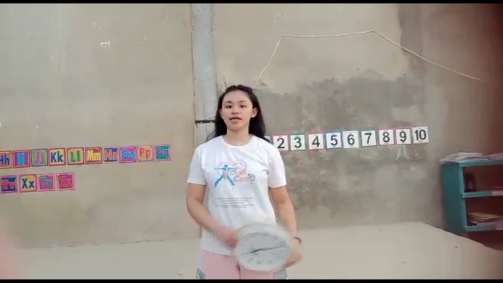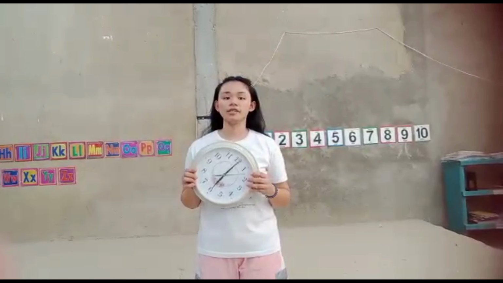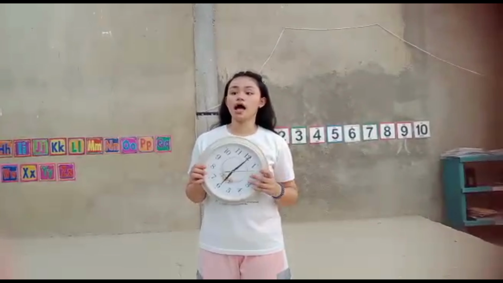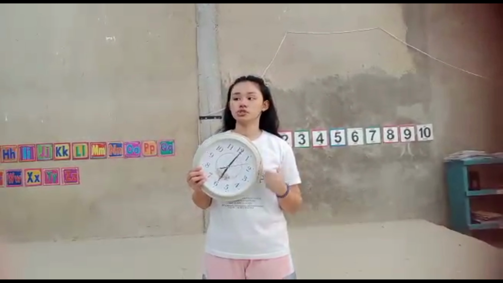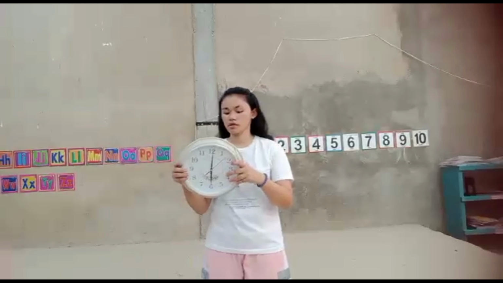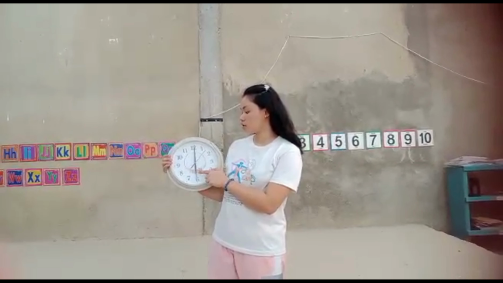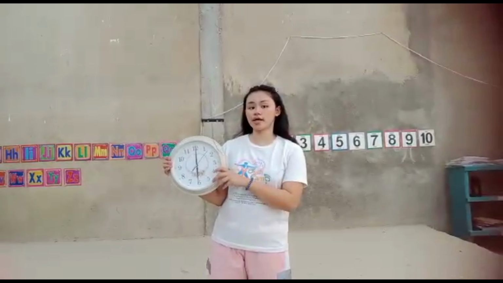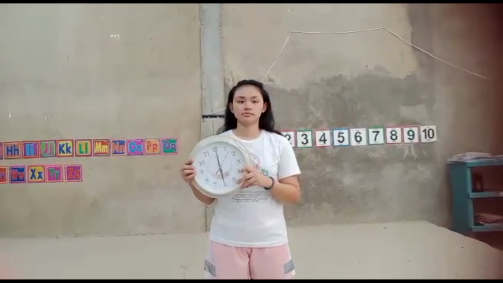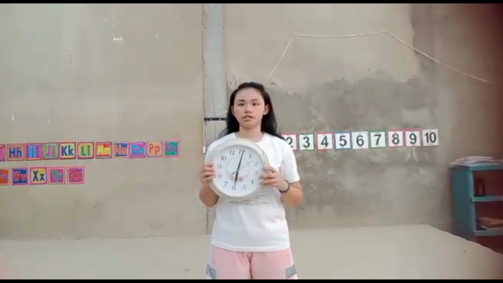I will set a specific time and you will point where to put the short hand and the long hand. Class, you already know about the short hand and the long hand, right? Yes, teacher.